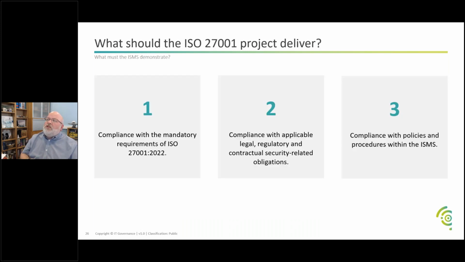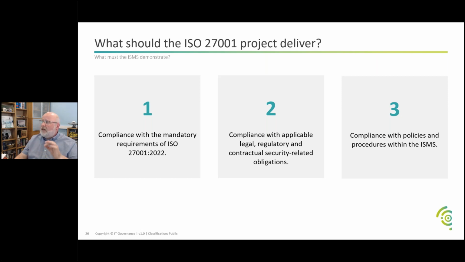So, what should the project deliver? Compliance with the mandatory requirements of ISO 27001:2022. Compliance with applicable legal, regulatory and contractual security related obligations. Compliance with the policies and procedures for the ISMS.